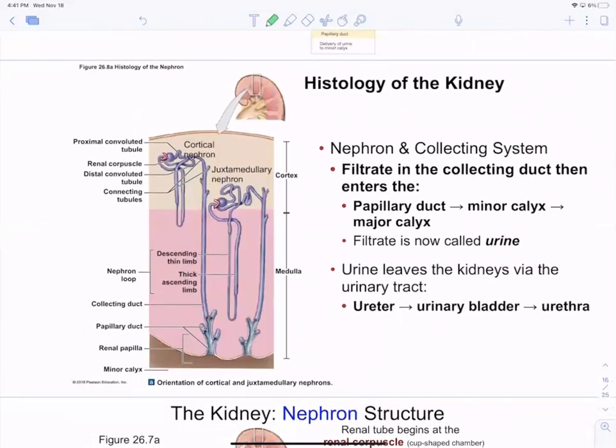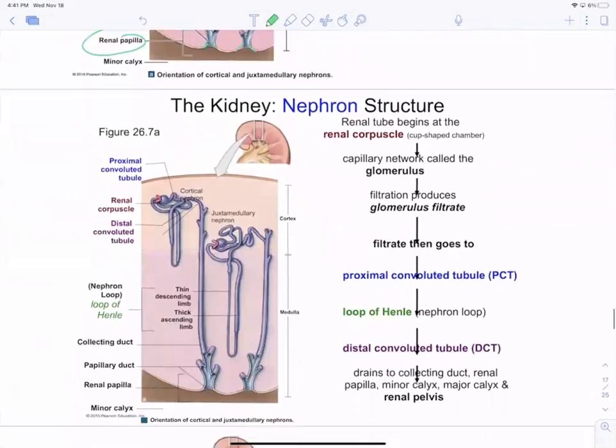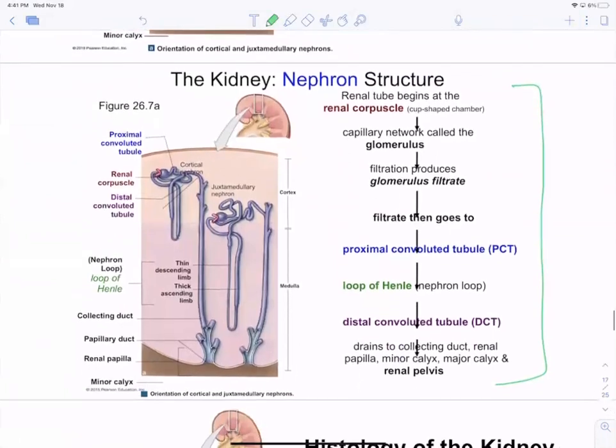So this is kind of a nice picture showing you the renal papilla where these collecting ducts open up, collecting urine filtrate from all the nephrons. And this kind of gives you the overview of the flow, right? So I would at least know the basics here of the nephron.